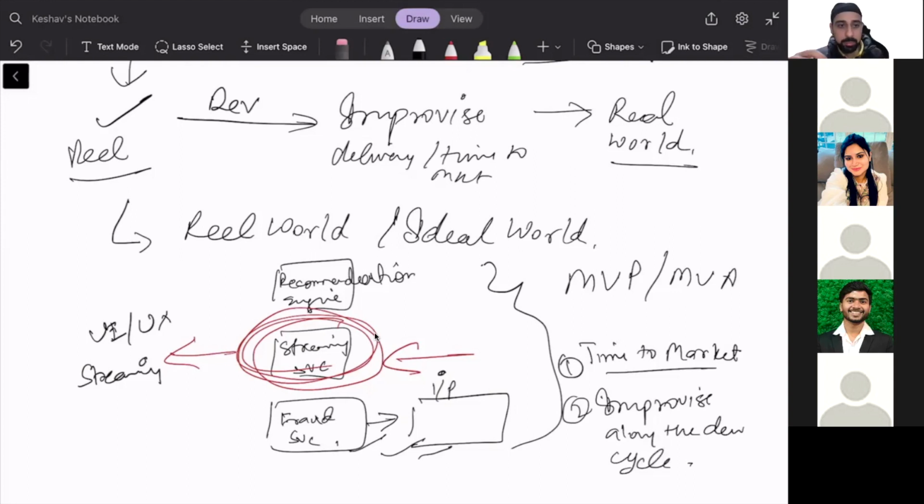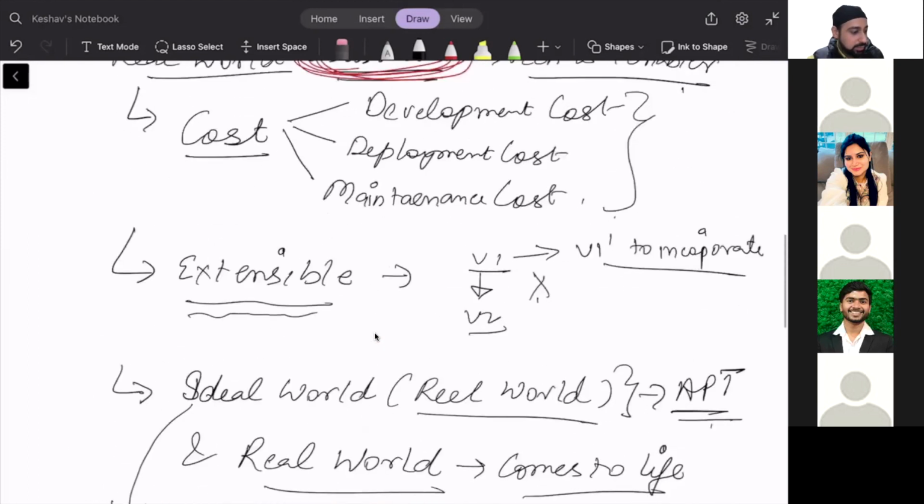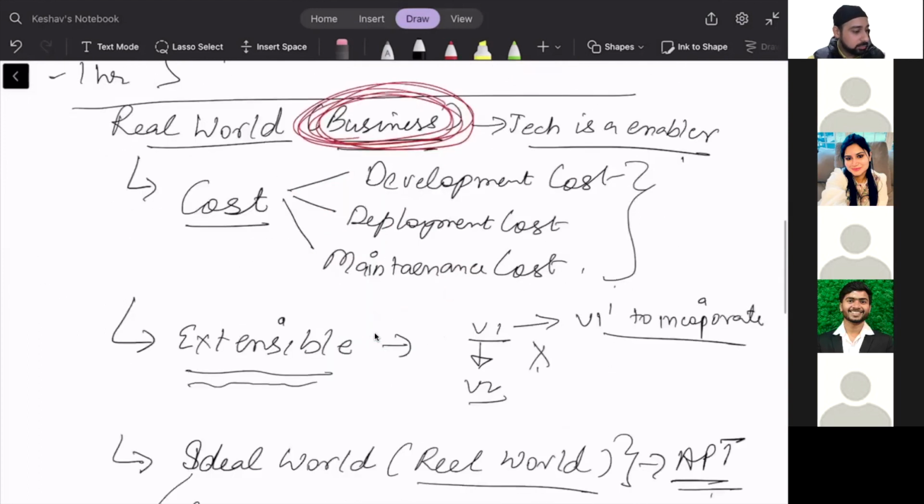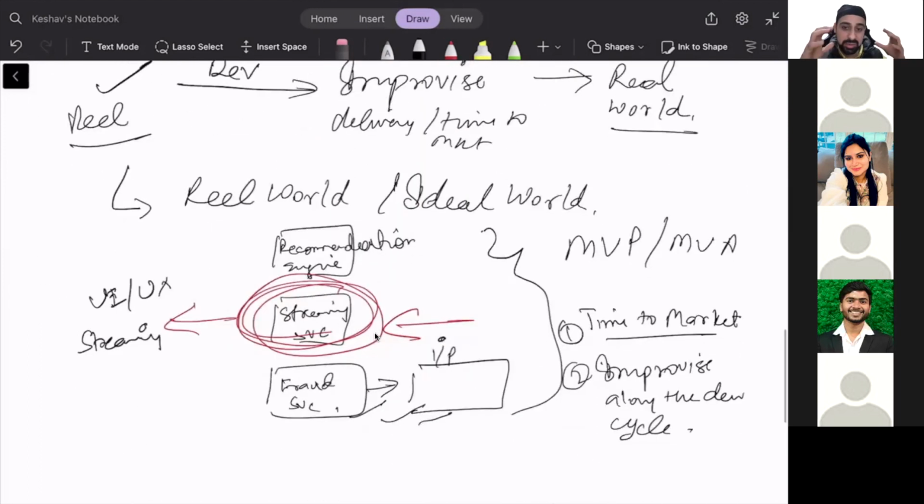These are certain things about the real world that you need to keep in mind while actually designing these systems.